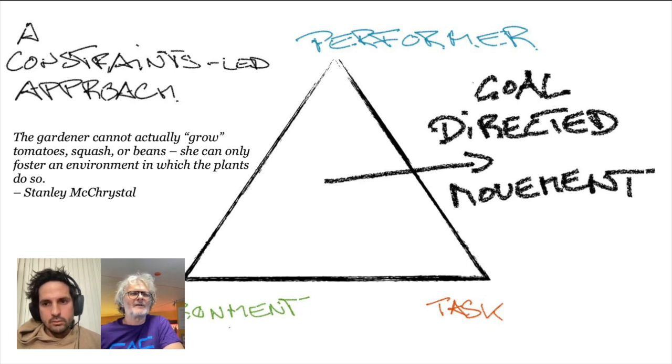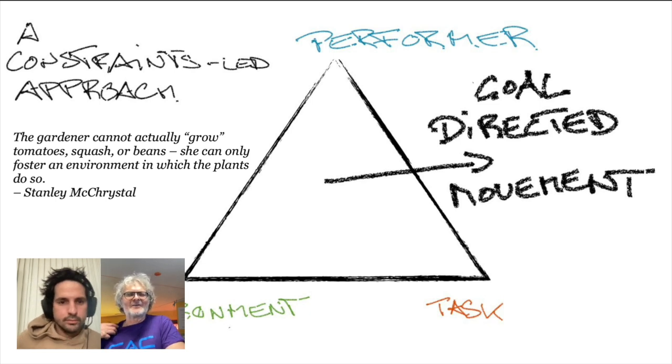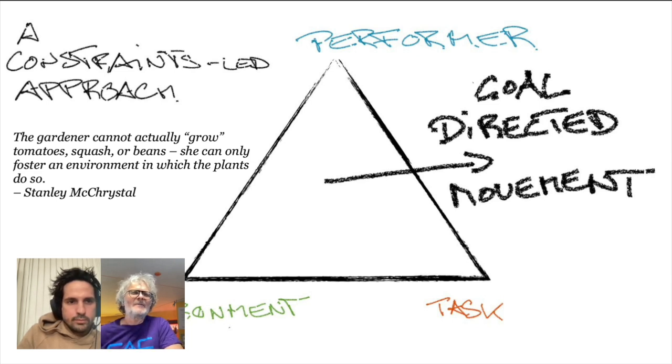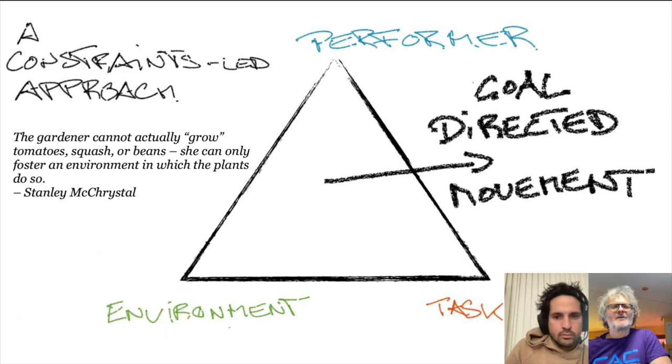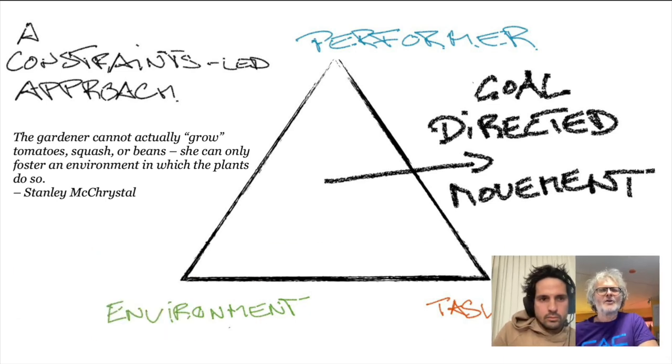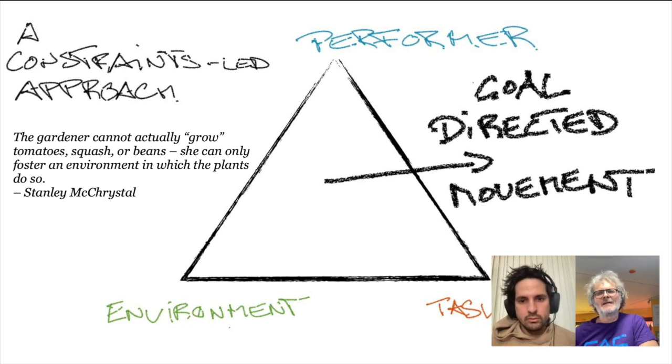Now, to talk about the word environment is a little hidden behind the two of us. Can you move the picture? So that's one corner of the triangle. The green one is the environment. And what Al just was talking about, by not allowing the kids to stand on the edges of the volume, this would be a manipulation of their environment.